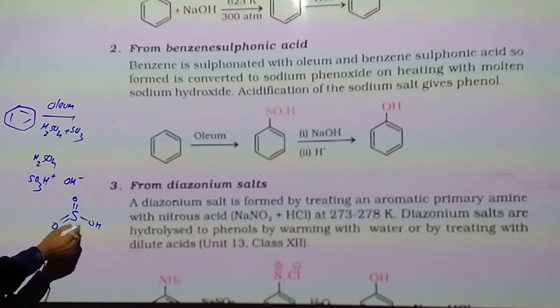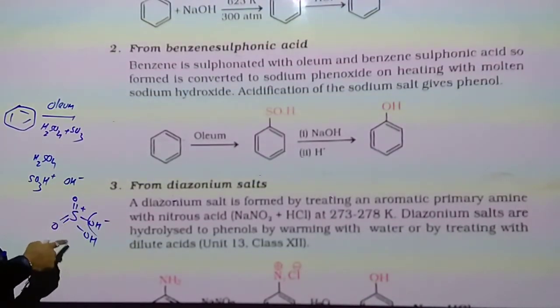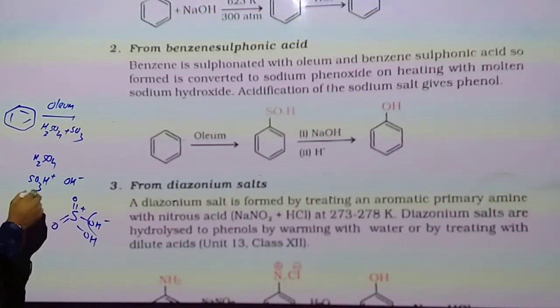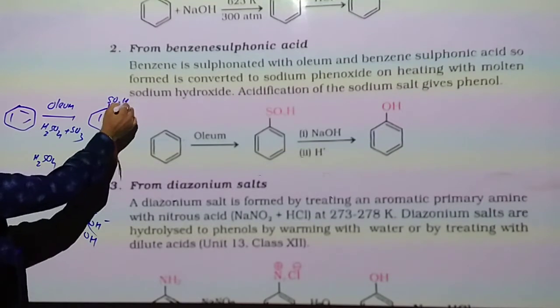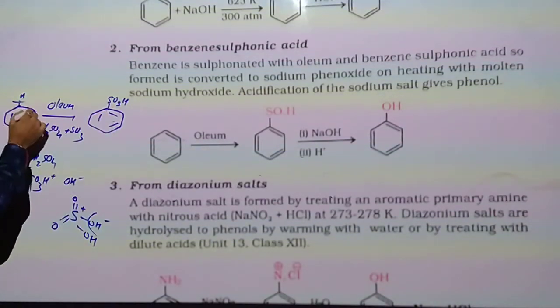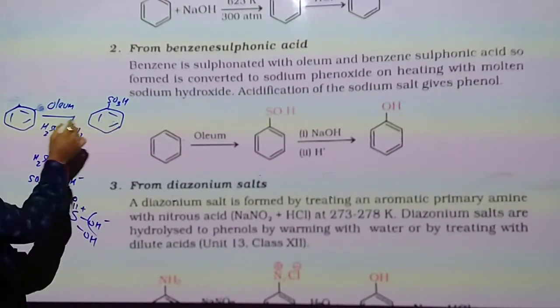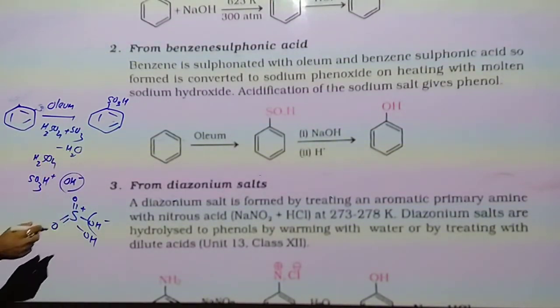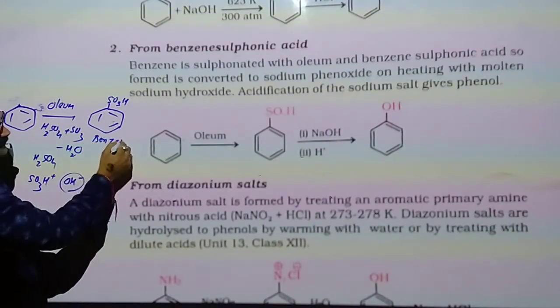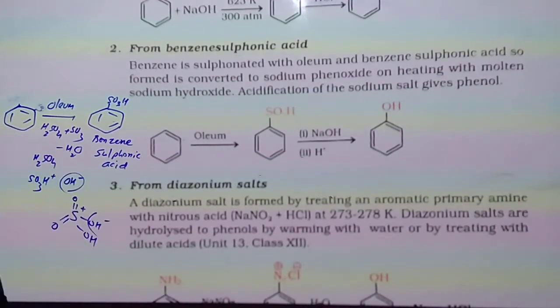The SO3H plus combines with benzene, and a hydrogen is replaced at any one position. H from benzene and OH from sulfuric acid leave as water, giving benzene sulfonic acid.